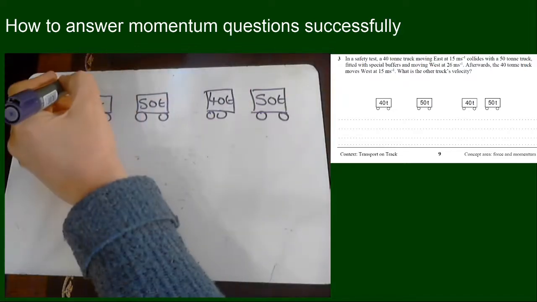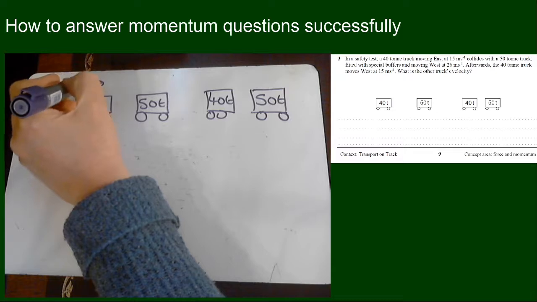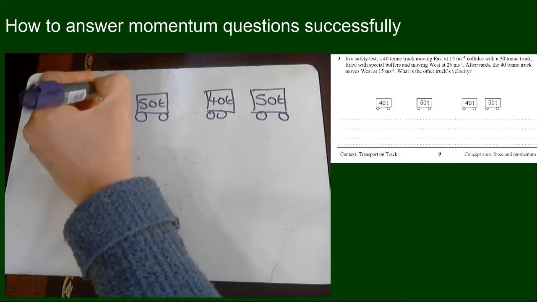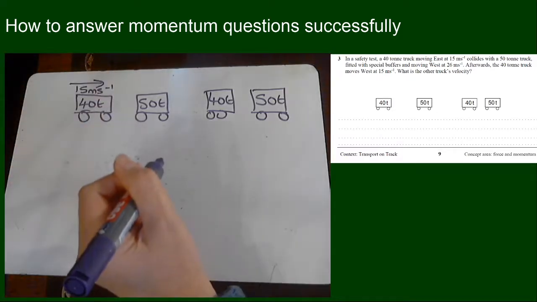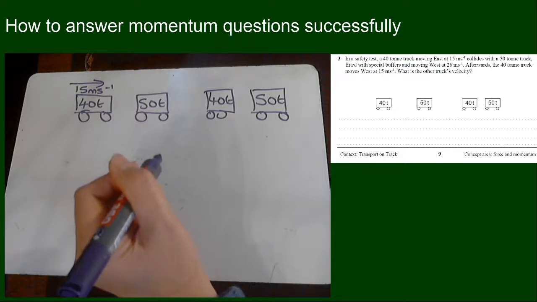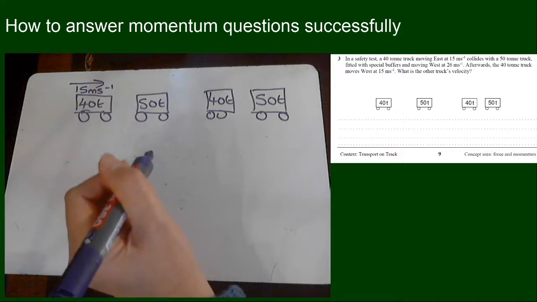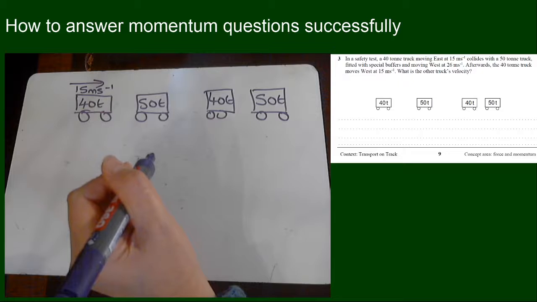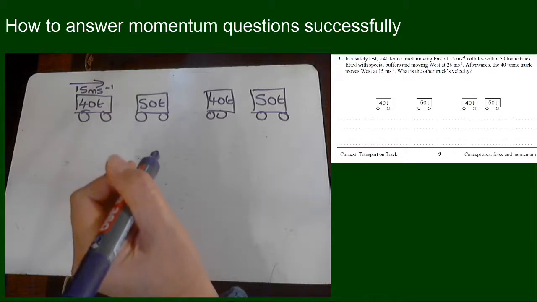Draw on the direction in which the truck is moving and mark on the velocity. I have assumed that east is to the right and that this is a positive value. Everything to the right is going to be positive. Anything to the left is going to be negative.